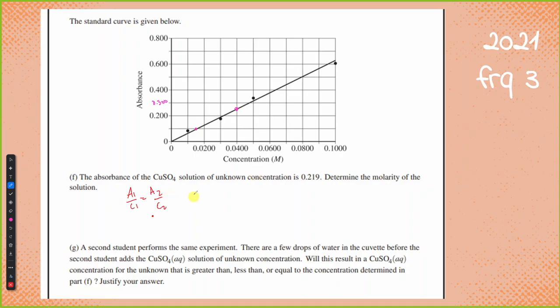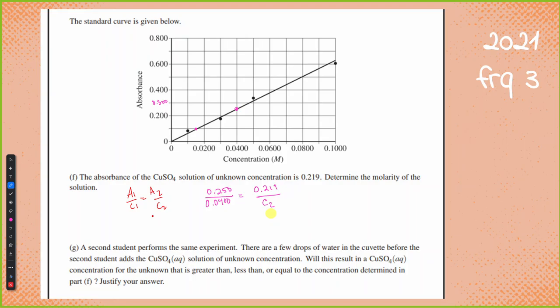So the concentration 0.400, and this is 0.25 for my absorbance, 0.219, and then we can look for the second concentration. So this is what you do when they don't give you a best fit line. I wouldn't try to estimate it.